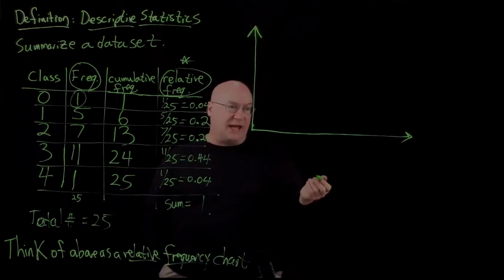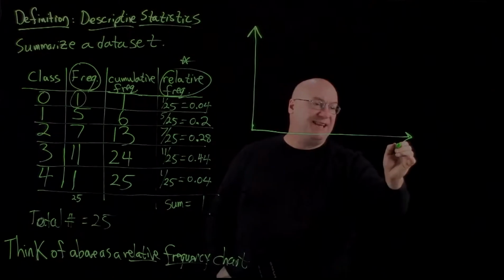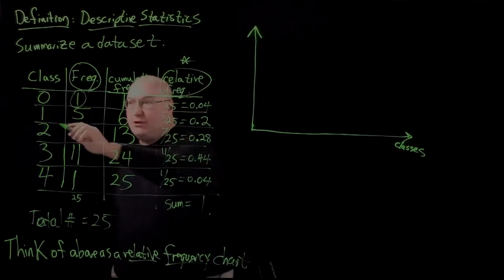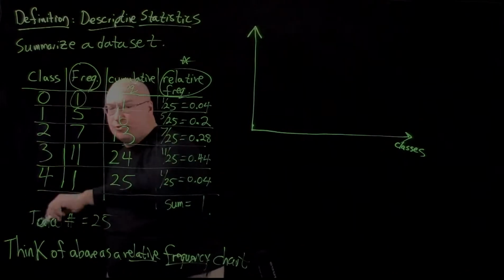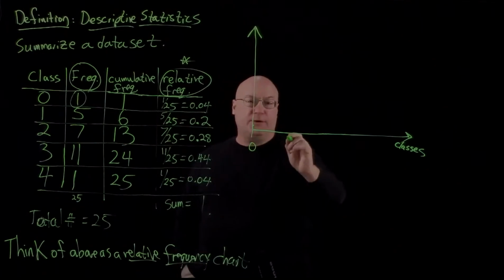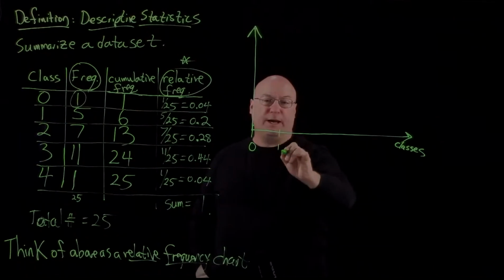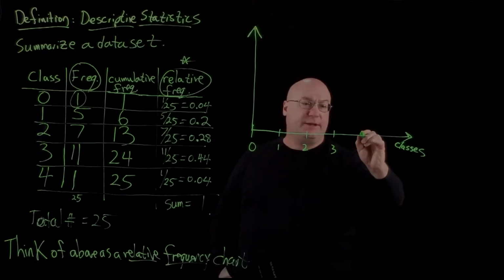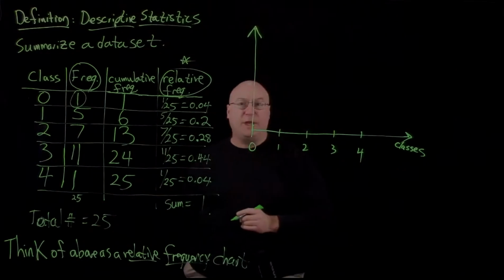Along the horizontal axis, I will have the classes, which are the numerical values, right? We can have 0 phones, 1, 2, 3, or 4. So I have here 0, and let me put 1 about there, 2 about there, 3 about there, and 4 there.